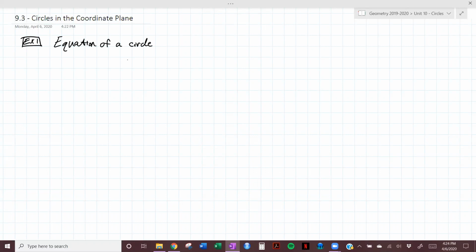Okay, so here's our circle. Here's our coordinate plane. So here's our x, here's our y. This is our origin.